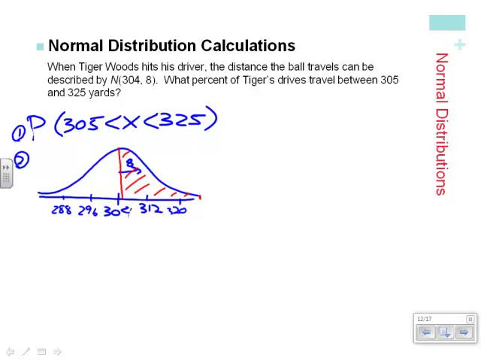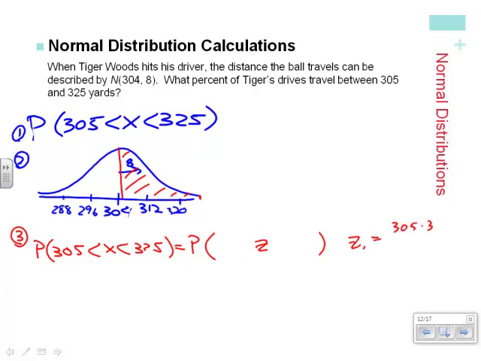So, step 3, perform the calculations. Well, we're going to say the probability of being between 305 and 325 is going to be the same as the probability of being between a couple different z values. And we've got to figure out what those z values are. The first z value is going to be 305 minus 304 divided by 8, which is 1/8, which, if I remember correctly, is 0.125.